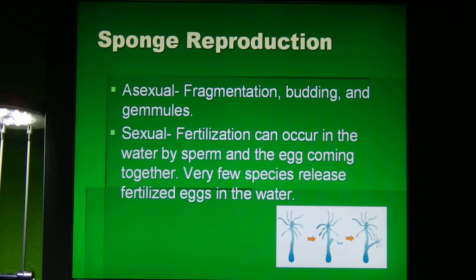And gemmules. For sexual reproduction, fertilization can occur in the water by sperm and the egg coming together. One sponge will release the egg, one sponge will release the sperm, and they will come together and fertilize each other. But occasionally, there are very few species that release already fertilized eggs in the water.